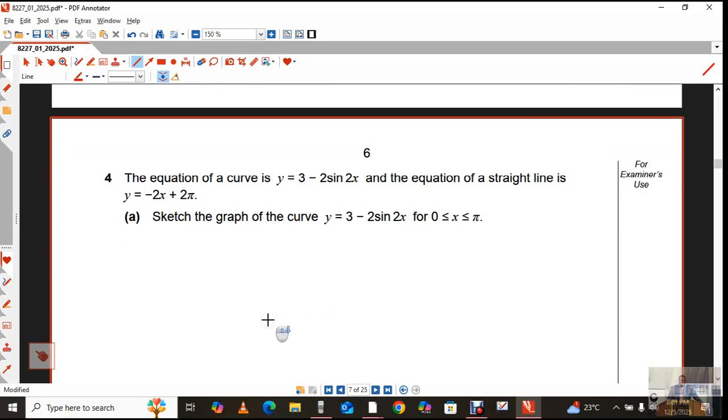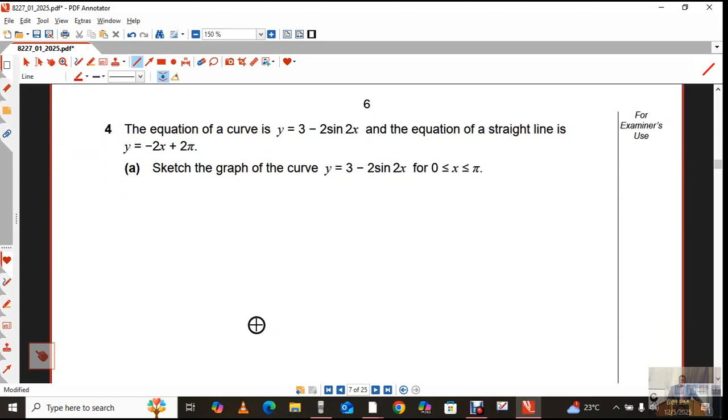Now, it says the equation of a curve is y equals 3 minus 2 sine 2x, and the equation of a straight line is y equals minus 2x plus 2 pi. Obviously you can see that this is going to have a negative gradient, so that line is going to slope in this direction, so to speak.